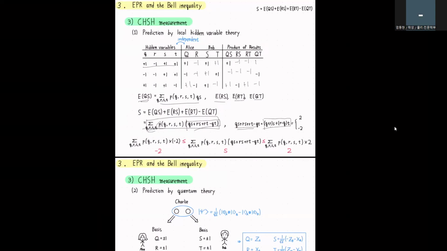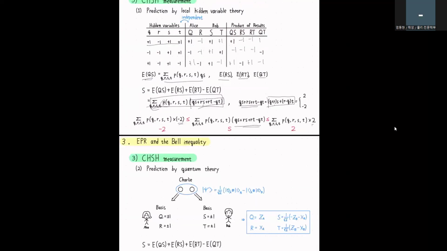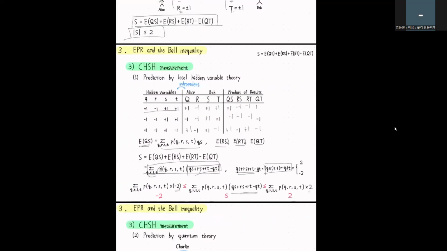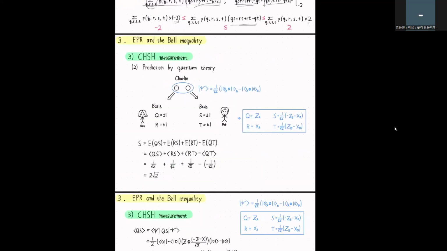And you notice that there are only two possible outcomes, 2 or negative 2. So either this is 2 or negative 2, which means that this quantity needs to be greater than the negative 2 case and less than the 2 case over here, which basically is the inequality we stated over here.